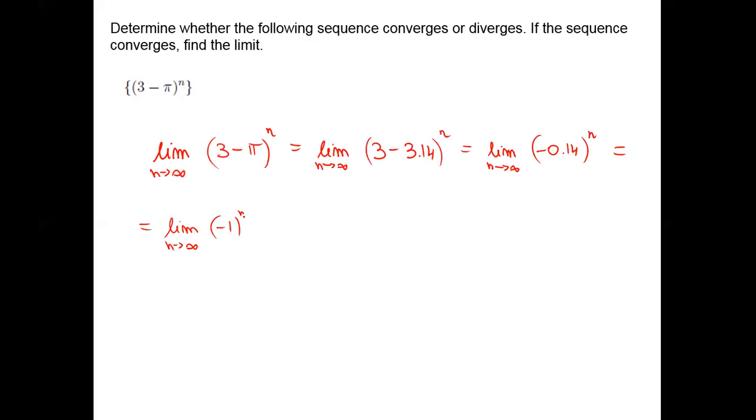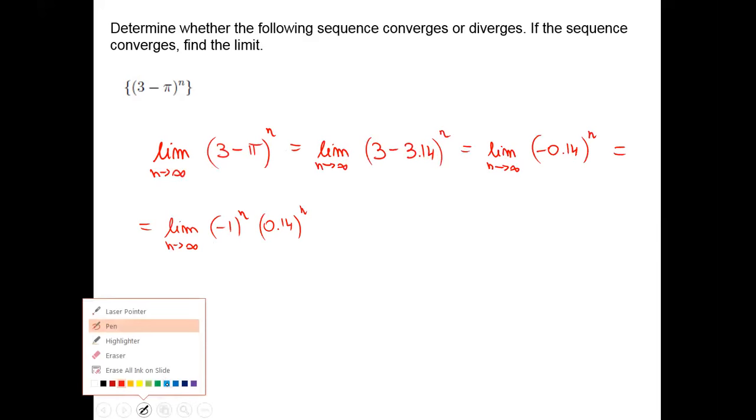We have -1 to the n, and we have 0.14 to the n. But 0.14 to the n, the number is less than 1. That means this definitely goes to 0. This form is telling me that it's alternating. That means positive, negative, but the terms are getting smaller and smaller. That means the limit is 0.